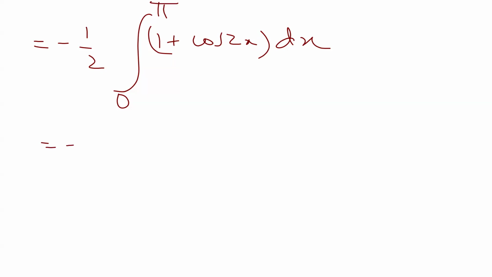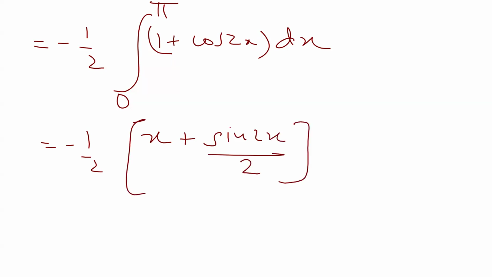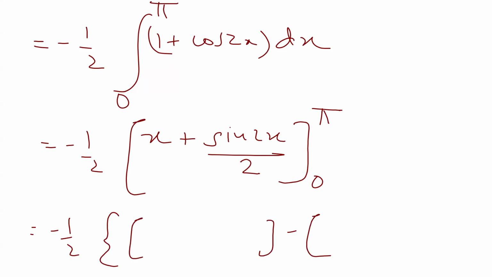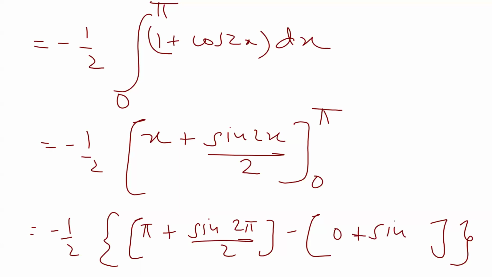Minus half. Integration of 1 is x plus sine 2x by 2, since integration of cos 2x is sine 2x by 2, from 0 to pi. Now this will be minus half curly bracket, box minus box. Go very systematically: pi plus sine 2 pi by 2, minus 0 plus sine 2 into 0 by 2.